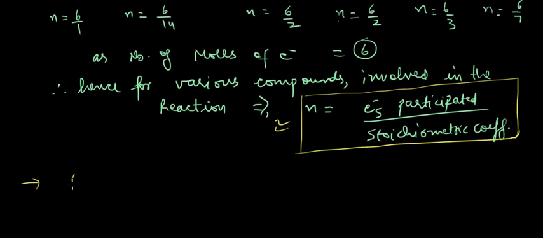In other words, we can also say that 6 equivalents of every substance is involved in redox.